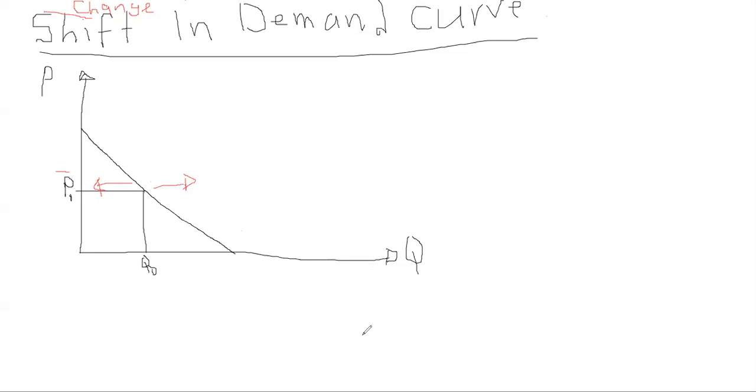All right. So when we say the shift in demand curve, the shift can be an increase or decrease in demand. So it could be increase in demand. We have talked about this in the last class. Increase in demand. Or decrease in demand.